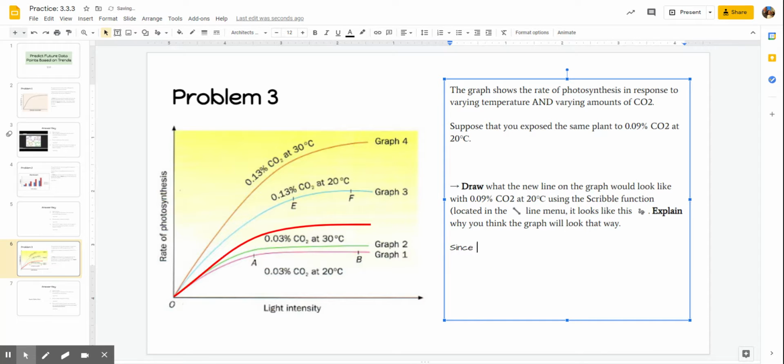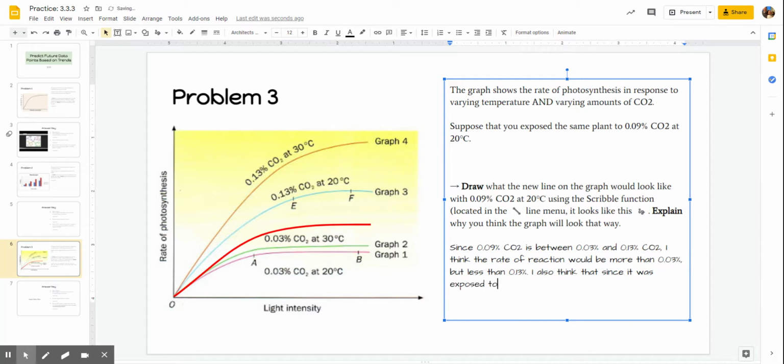So since 0.09% CO2 is between 0.03% and 0.13% CO2, I think the rate of reaction would be more than 0.03%, but less than 0.13%.